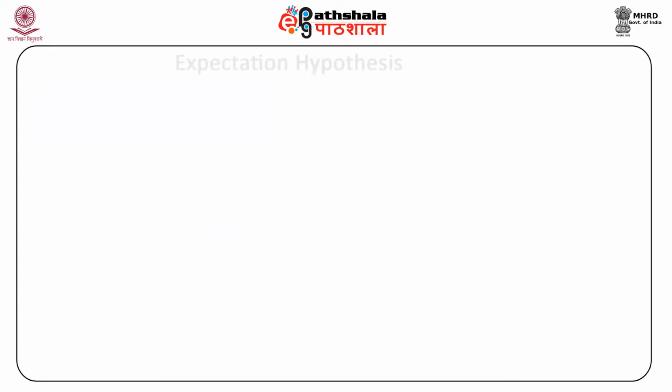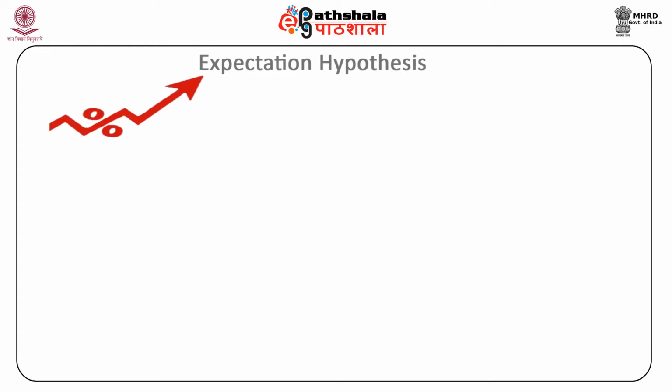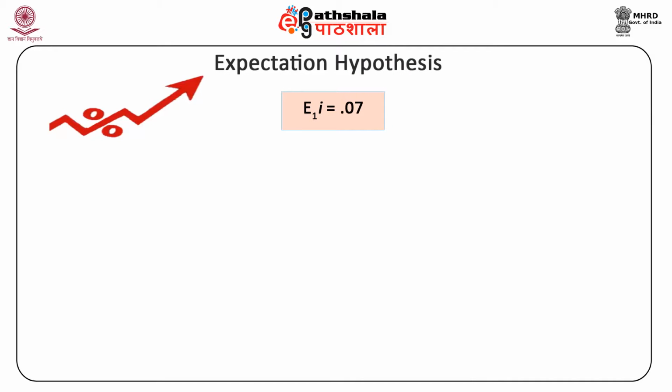Now suppose the investors expect next year 1-year bond yield would rise to 7%. That is, E1i is equal to 0.07.